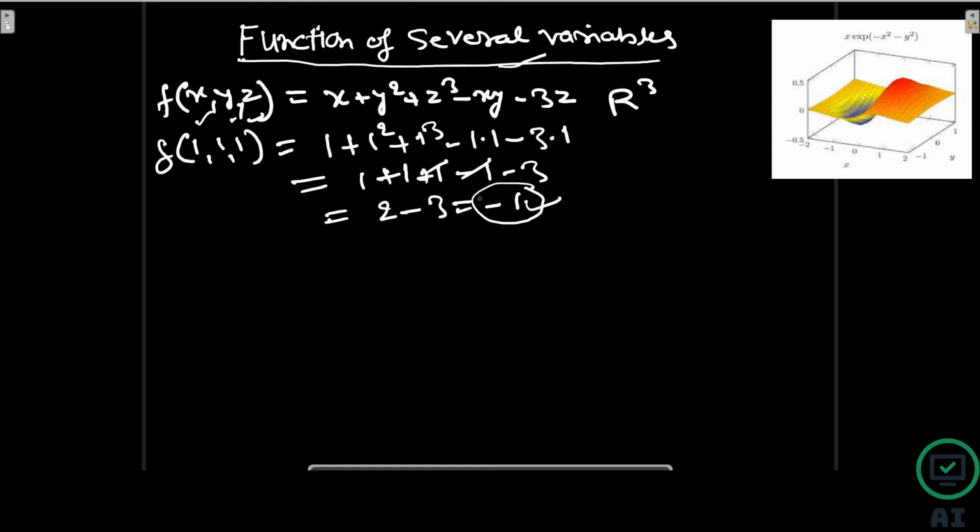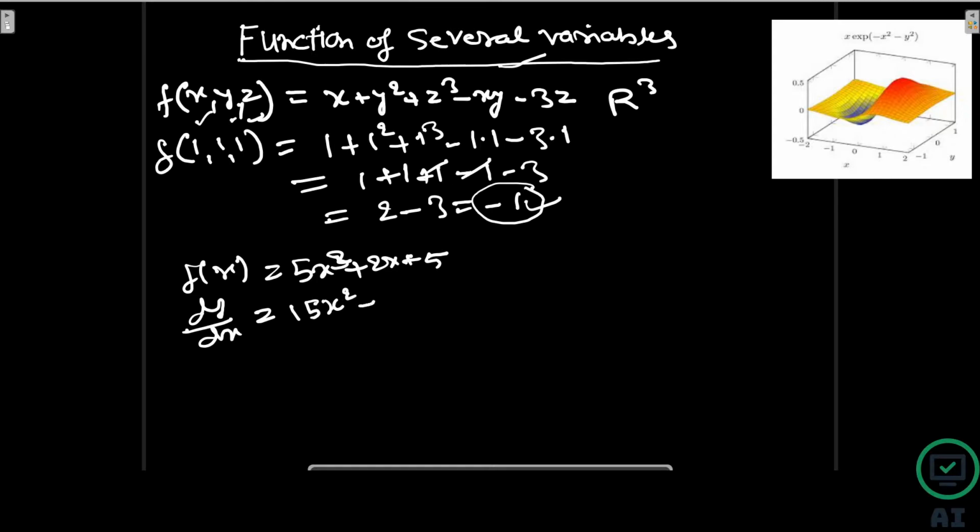So what is the first derivative of this function? If it is a simple univariate function like f(x) equal to 5x cube plus 2x plus 5, and then if you take the first derivative of this function, you will get 15x square plus 2, which is nothing but a scalar quantity.